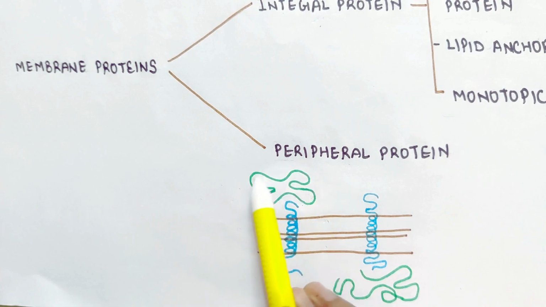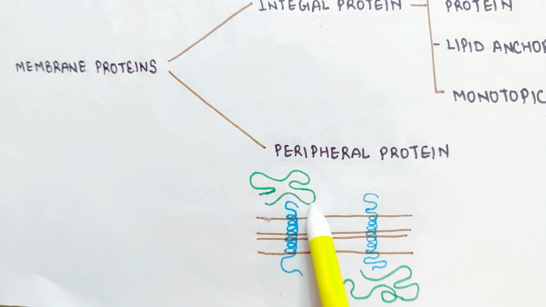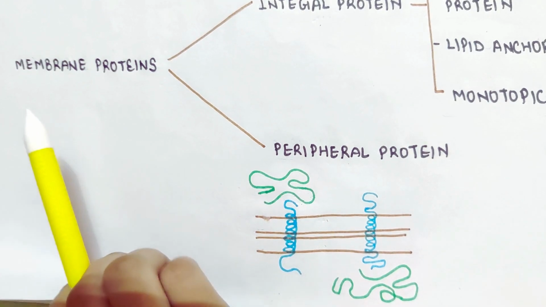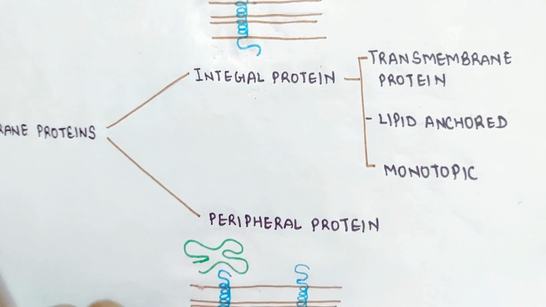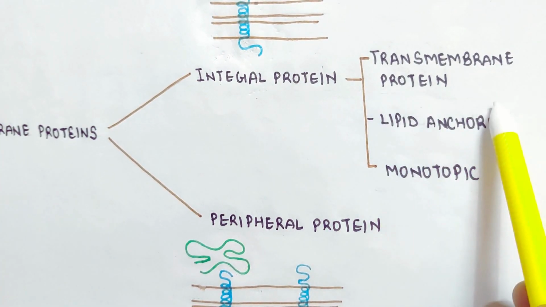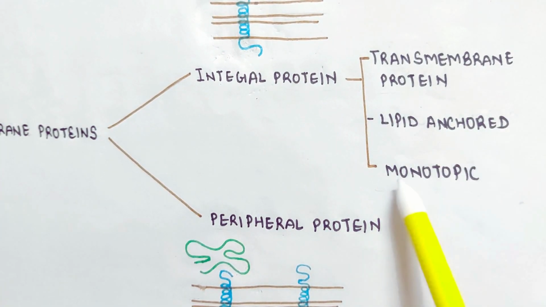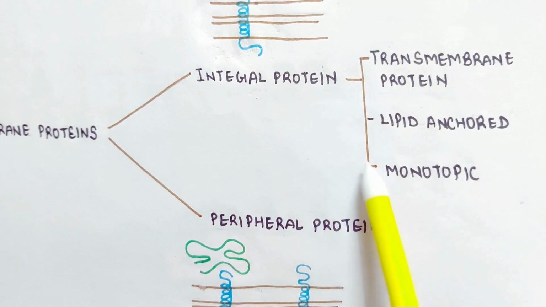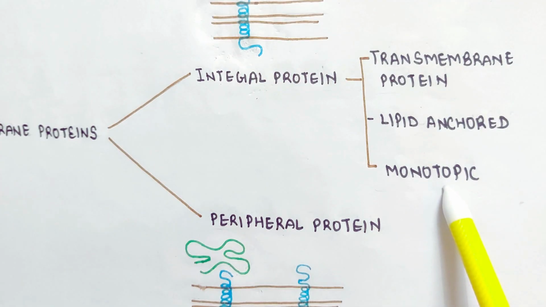And since they are loosely attached, they can be easily extracted by using salts or by changing the pH. Now, next, if we talk about these integral proteins, these proteins are further sub-classified into transmembrane proteins, lipid-anchored proteins, and monotopic proteins. So, let us now study these different integral proteins in detail.